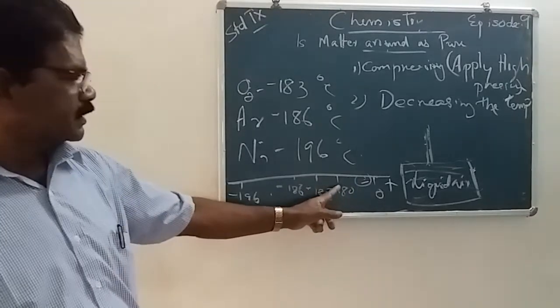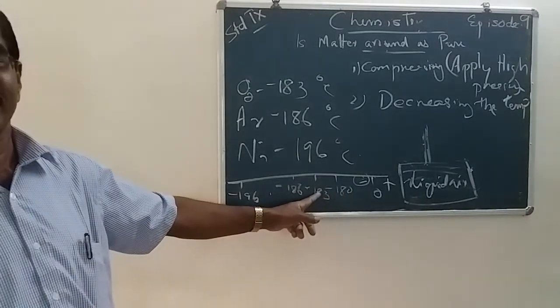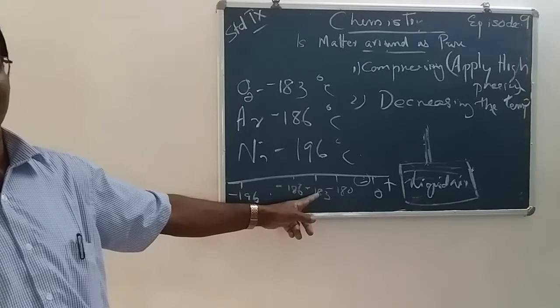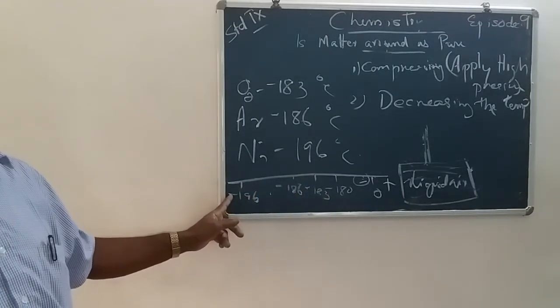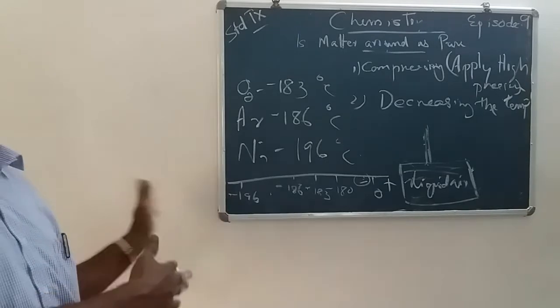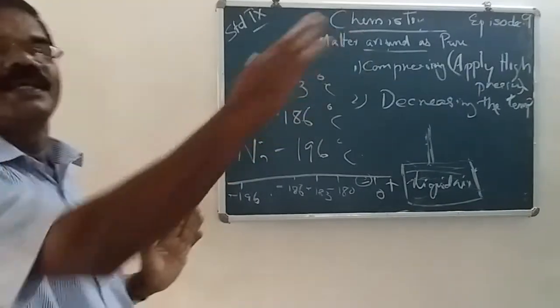Highest is oxygen, -183. Lowest is -196. Left side decreasing, right side increasing.